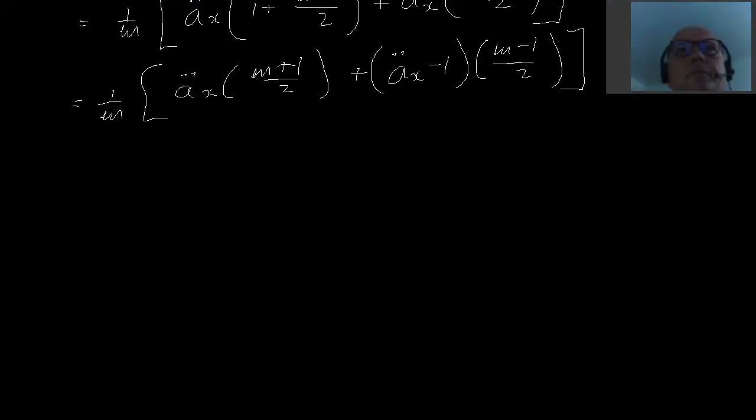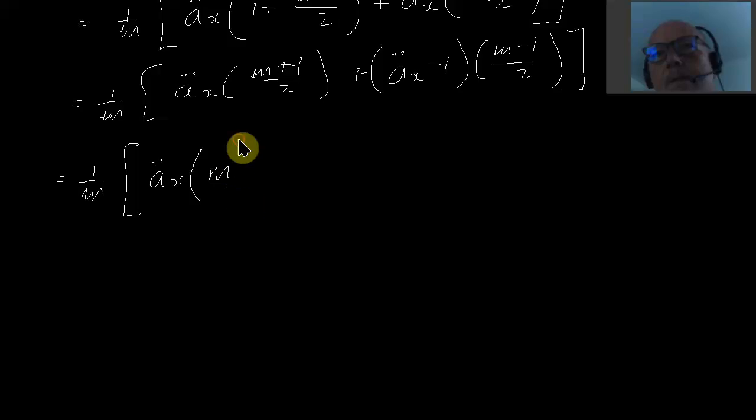Just need to push that a little bit further. So equals 1 over m a double dot x into m plus 1 over 2 plus m minus 1 over 2, which is just m, minus m minus 1 over 2.